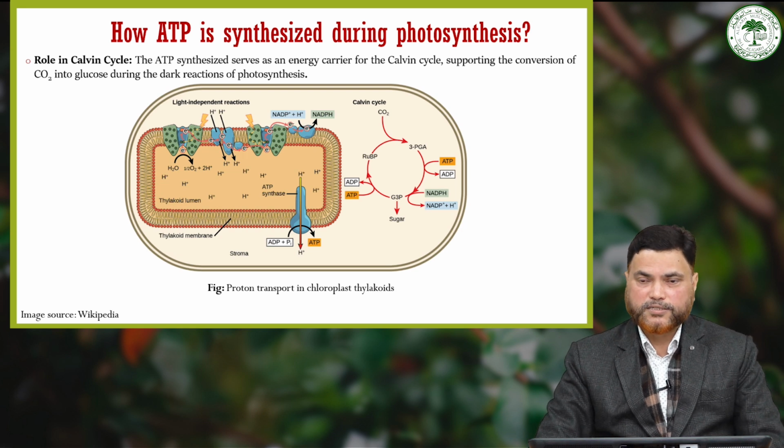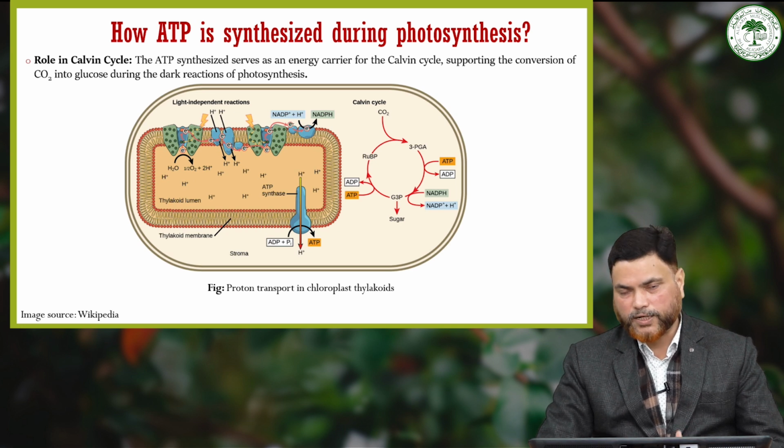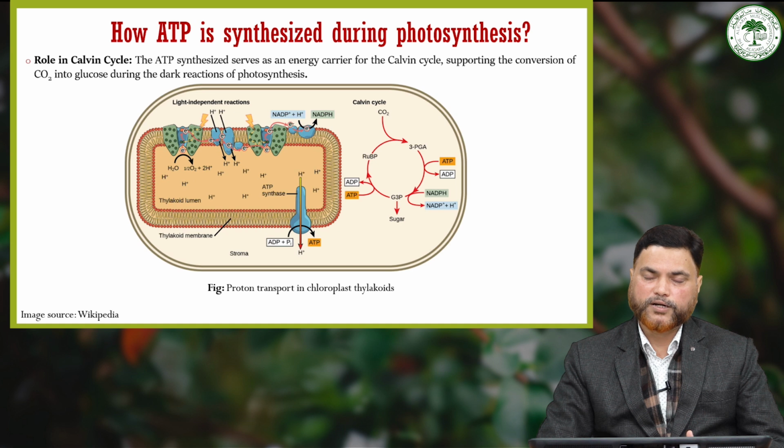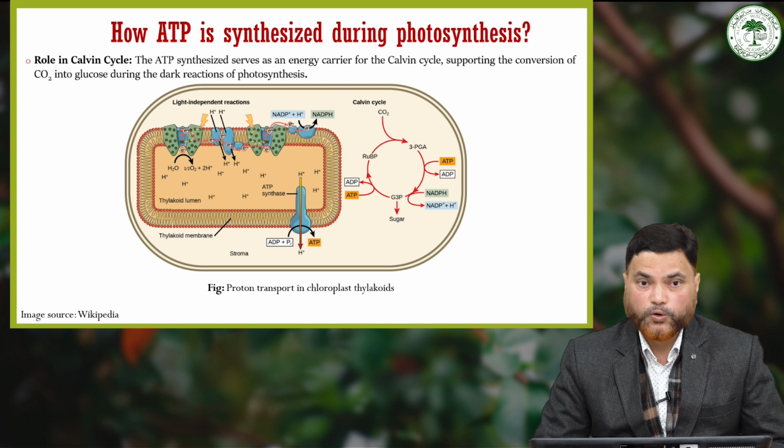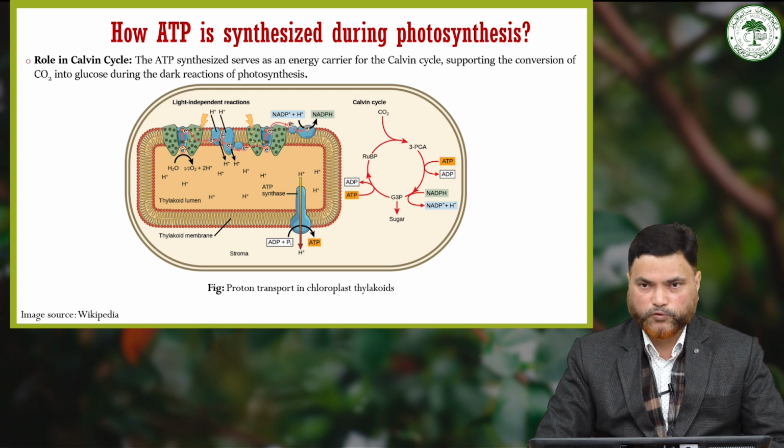Now, the question arises with the transfer of electrons and movement of protons across the membrane and inside the membrane: what is the significance of all these movements of protons and electrons to different carriers? So, in this lecture I will discuss how ATP is synthesized during photosynthesis.